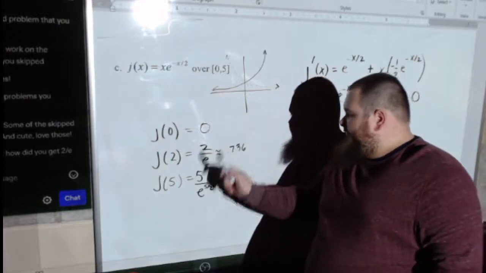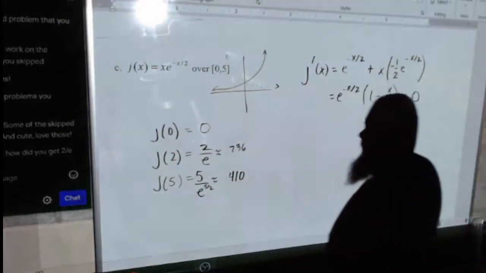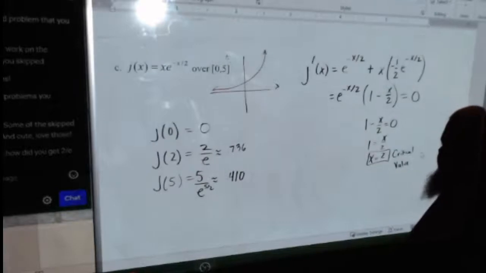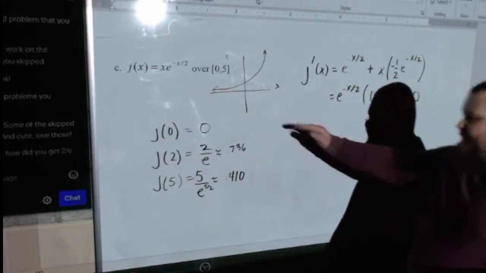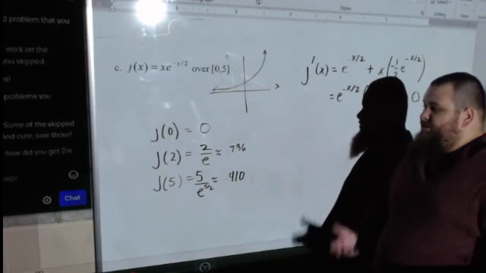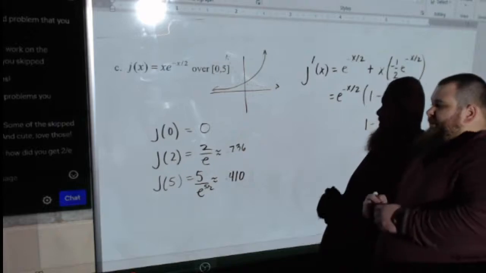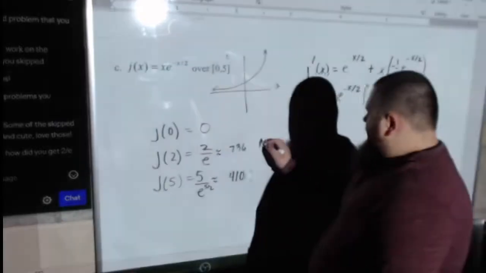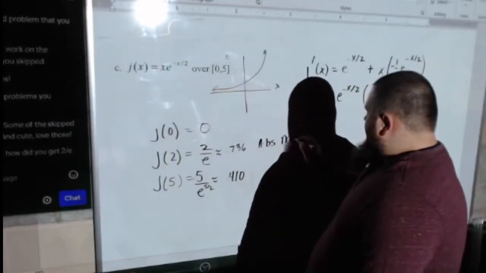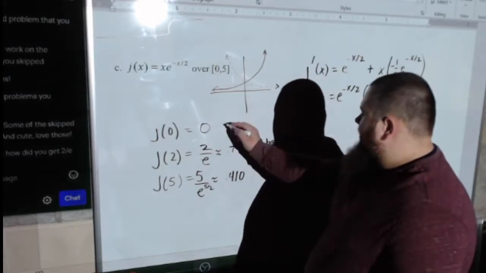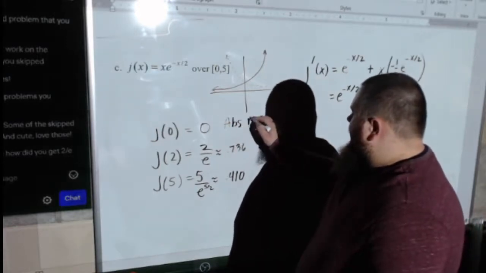So e to the negative 1 goes in the denominator. So the closed interval theorem now says which one of these values is the largest, which is the smallest. They will tell you what is your absolute max on that interval and your absolute min.